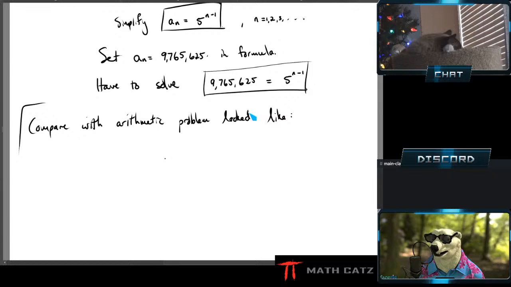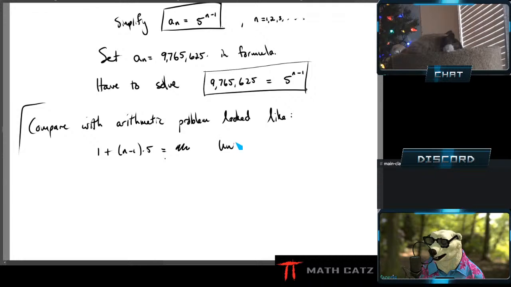The arithmetic sequence, similar problem, had something like, I don't know, 1 plus n minus 1 times 5 equals blah. I don't know what the number is. Something deeper in the sequence. I'd have to make the sequence to make sure that number actually occurs. However, something like this is what we had to solve. And with our basic variables and equation knowledge, we could do that.